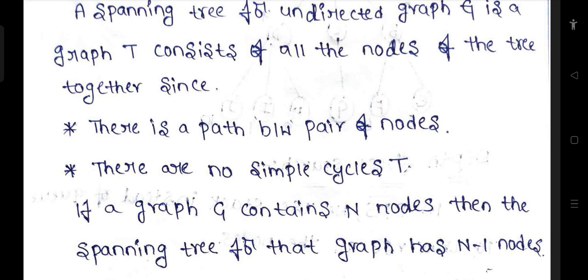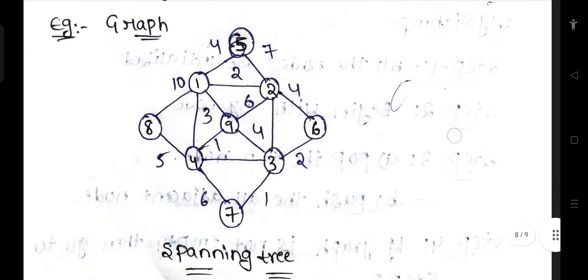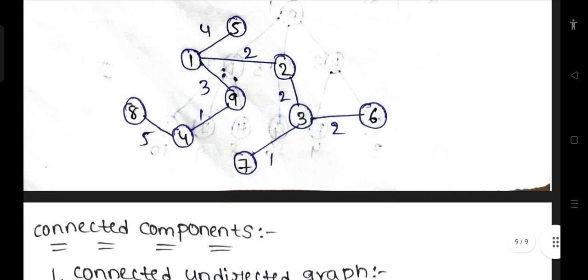So a spanning tree is nothing but an undirected graph which connects all the nodes together. That is known as a minimum spanning tree. Example of that and spanning tree here.